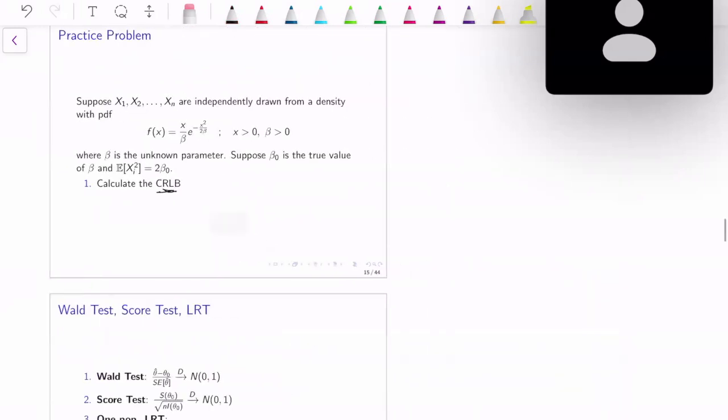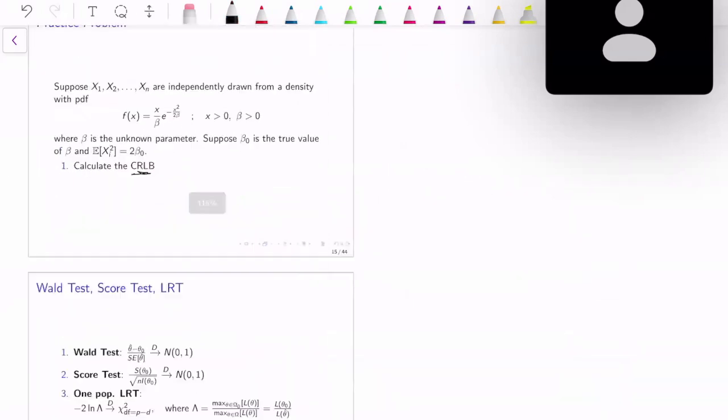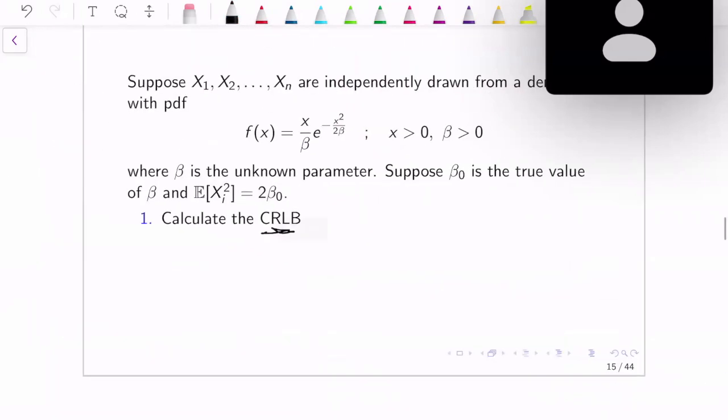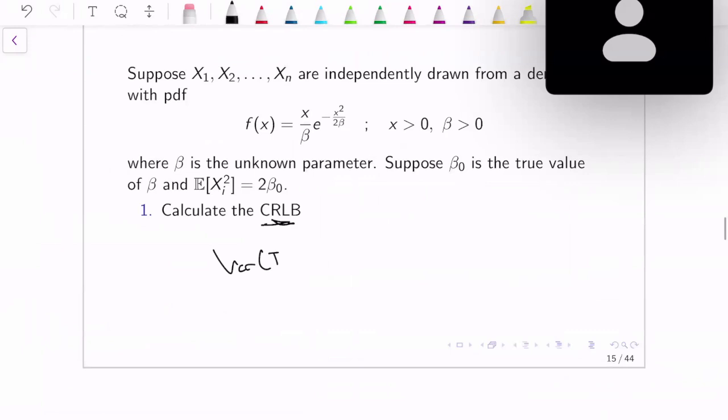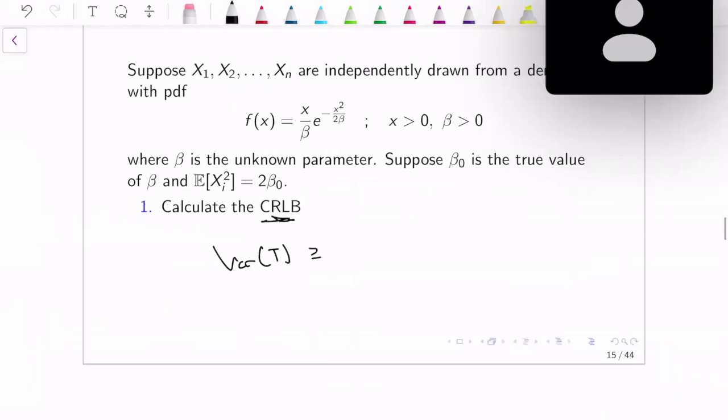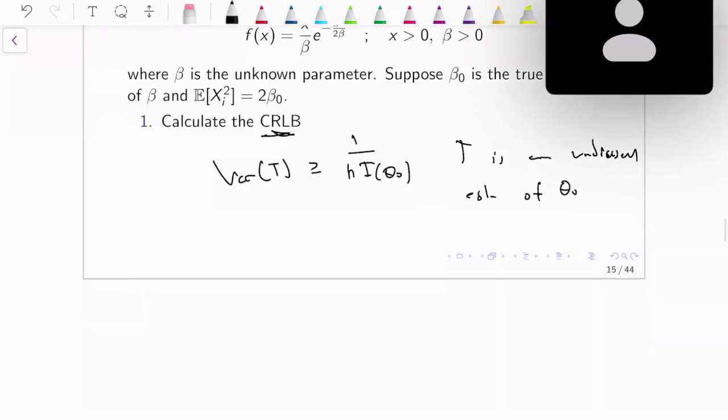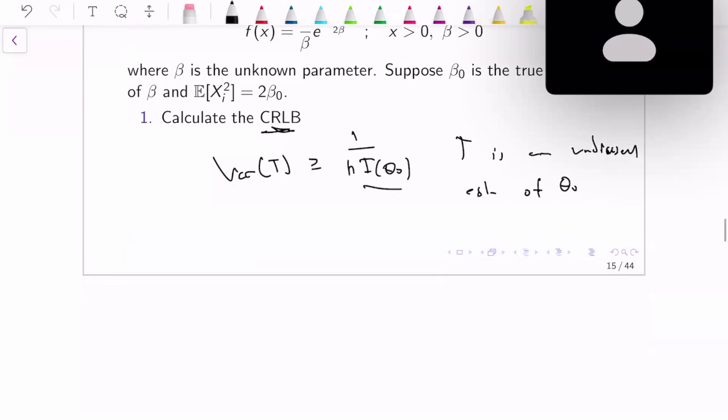Anyhow, Cramér-Rao lower bound. Okay, so the bound was that it's 1 over n I theta naught, where T is an unbiased estimator of theta naught. So we need to get the Fisher information for this.